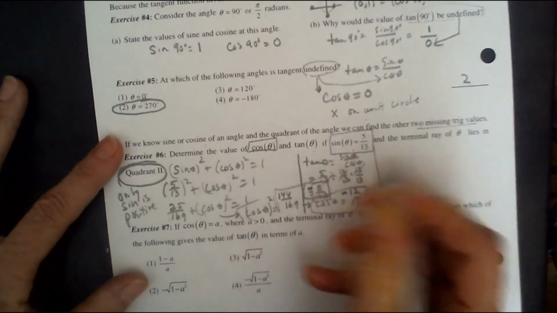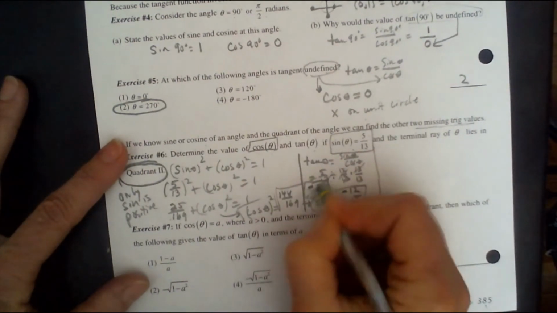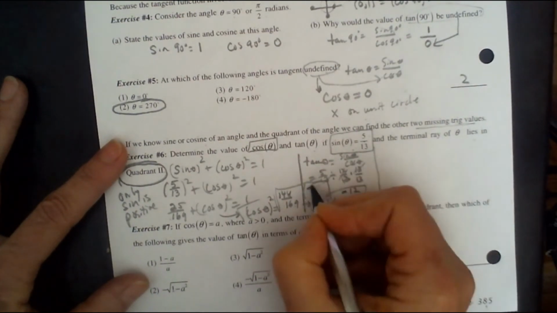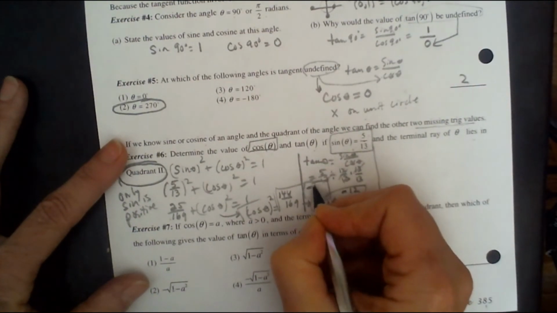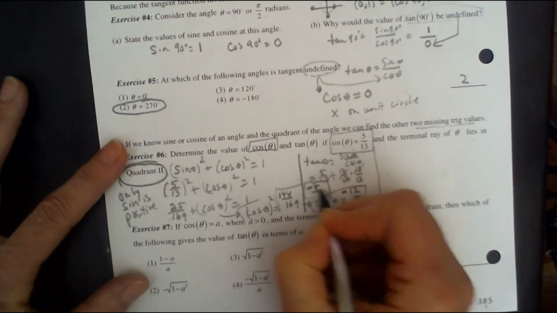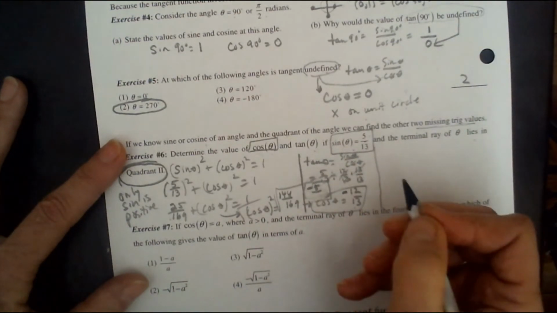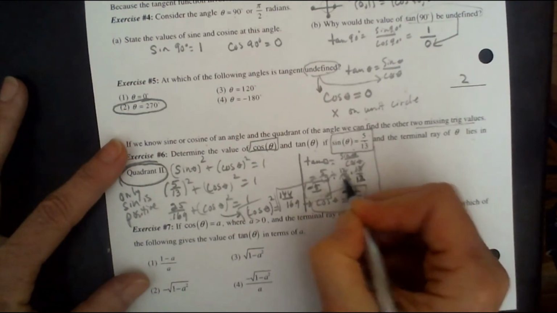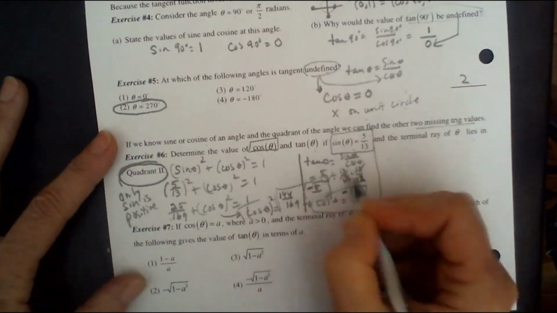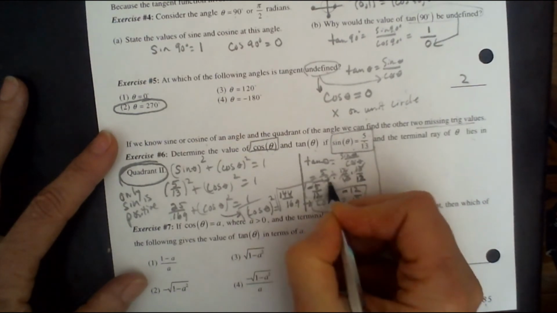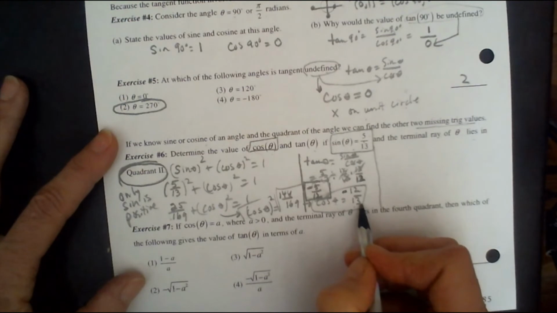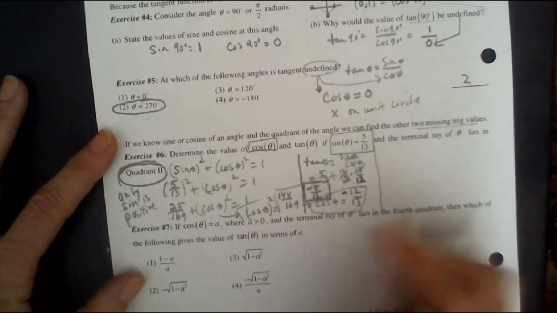Let me write it a little better. Tangent is negative 5/13 times 13/12. This is a mistake. The 13s cancel, and you have negative 5/12 as the tangent. So cosine is negative 12/13, tangent is negative 5/12. They're both negative because it's in quadrant 2.